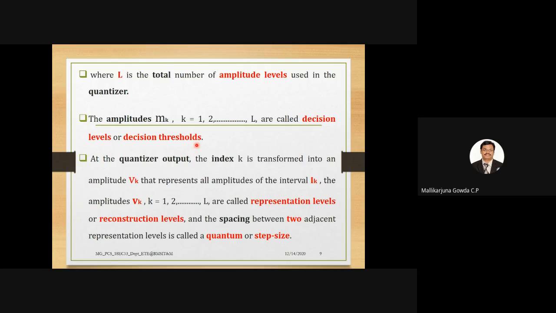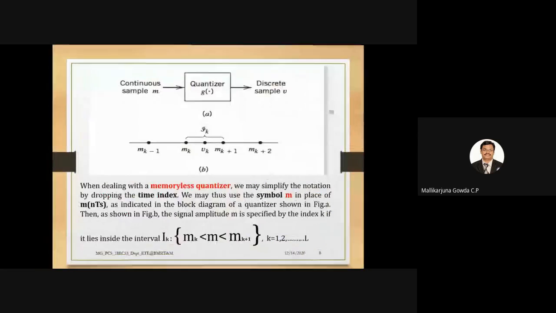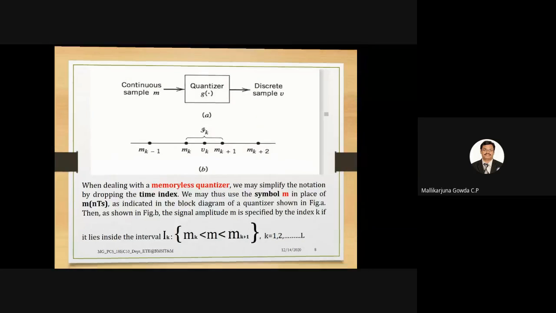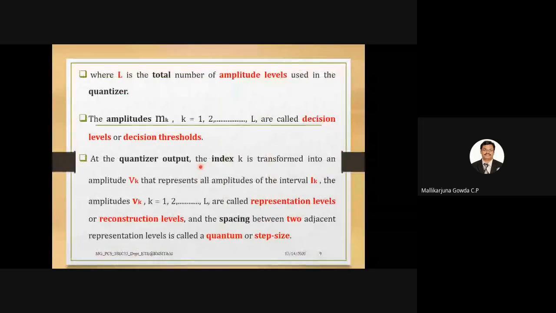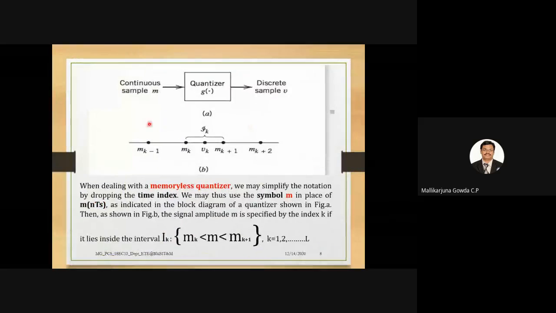At the quantizer output, the index k is transformed into an amplitude Vk that will represent all amplitudes of the interval Ik. What is Ik? Ik is the range from mk to mk plus 1. If the signal amplitude lies within this range, I represent it by the value Vk.